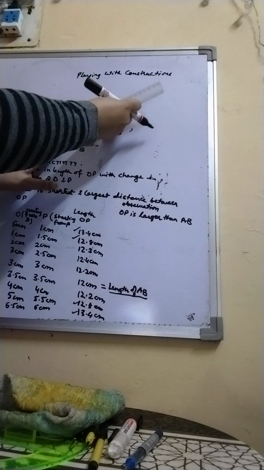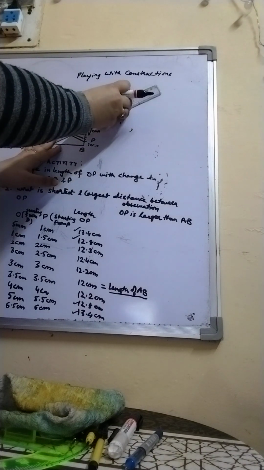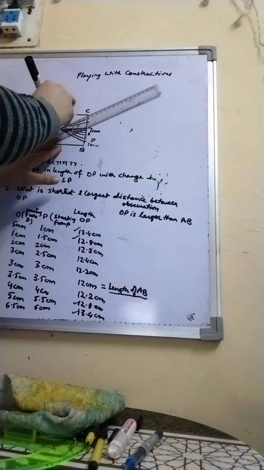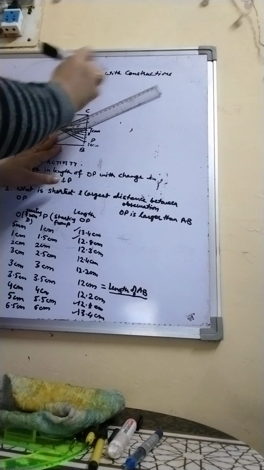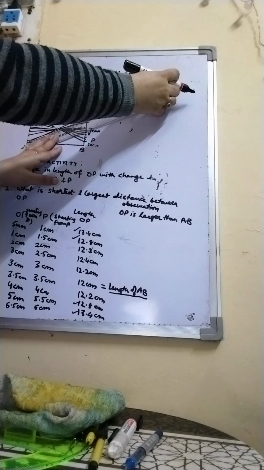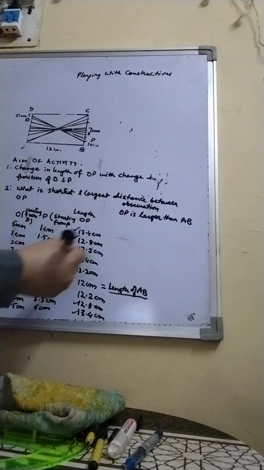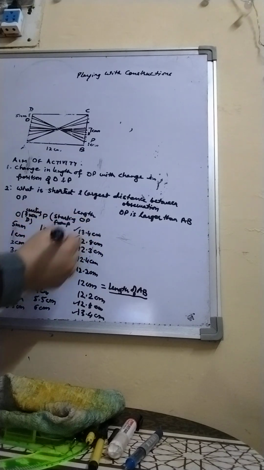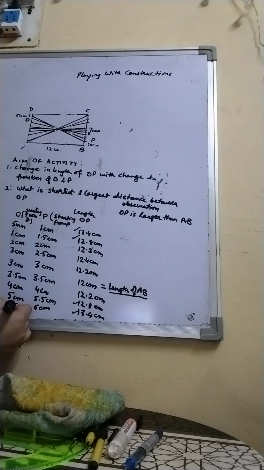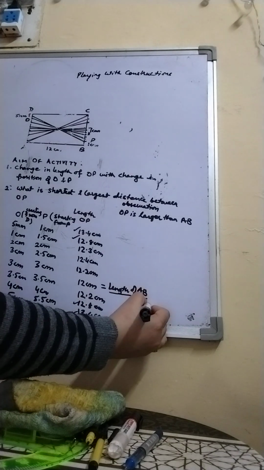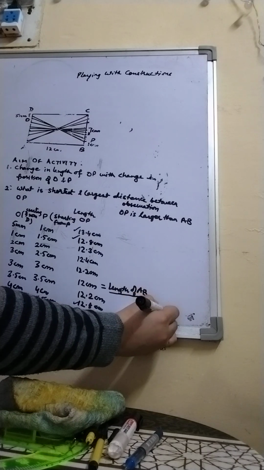Now we join AC. Last, AC. A is the corner of the rectangle and C is also the corner of the rectangle, and we get it as 14 centimeter. So our last reading is point A and C. So we get the reading as 14 centimeter.